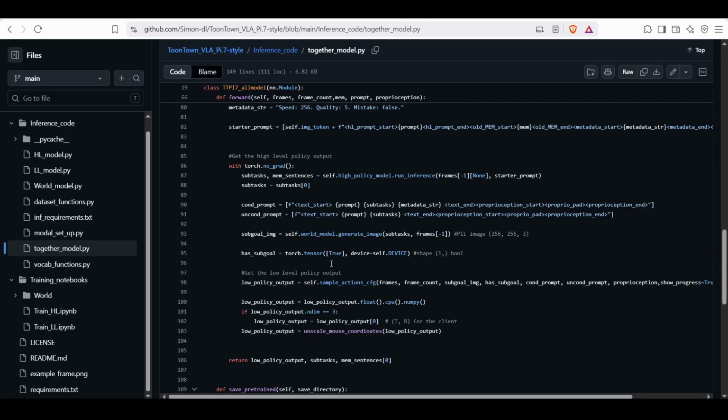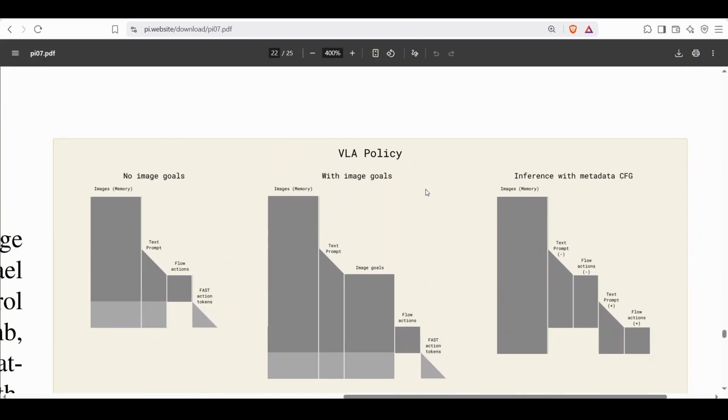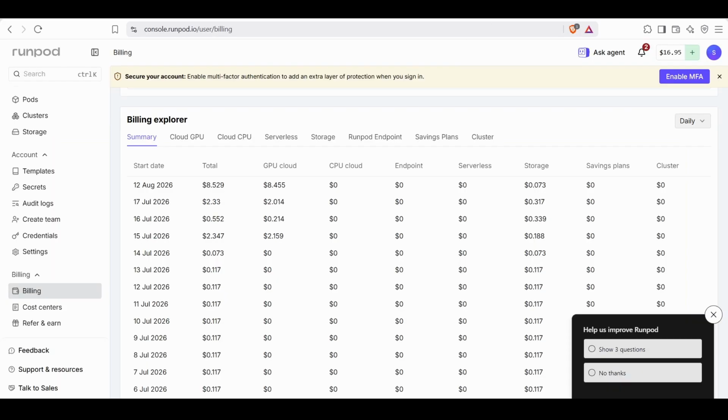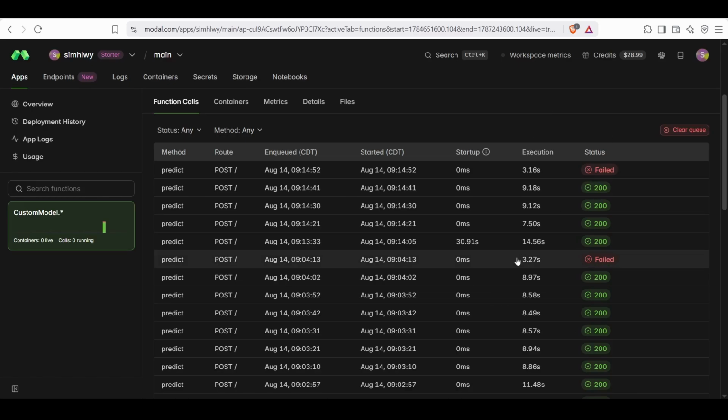Also, that crazy tree structure here for classifier free guidance means they don't have to run the model twice, which my model does have to run because I didn't build it out like this. That also introduced a lot of latency, so that's where all of this huge execution time comes from. The Physical Intelligence team tries to execute in less than a second, and I'm at 9 seconds. So you can see how much some of those optimizations really matter.